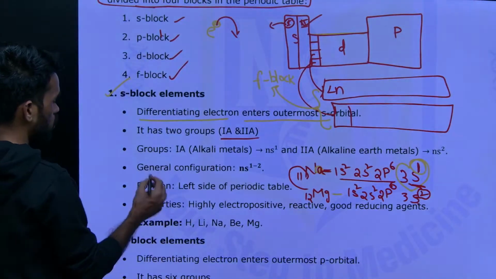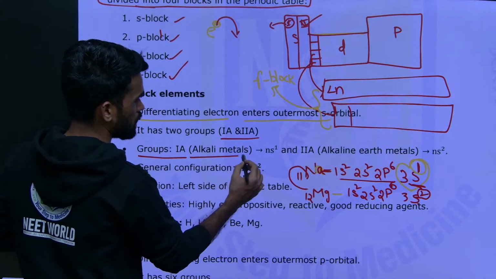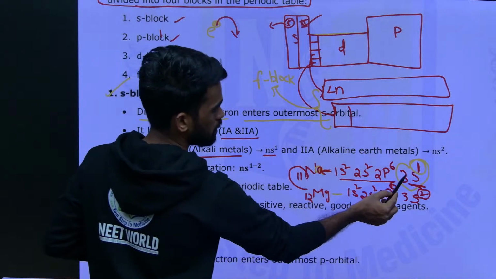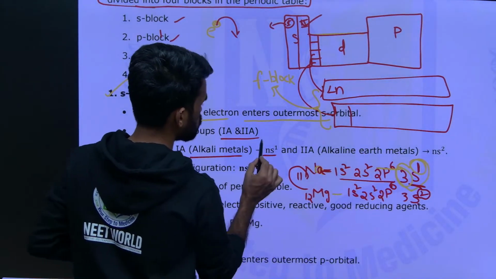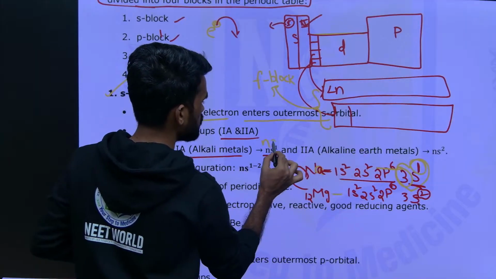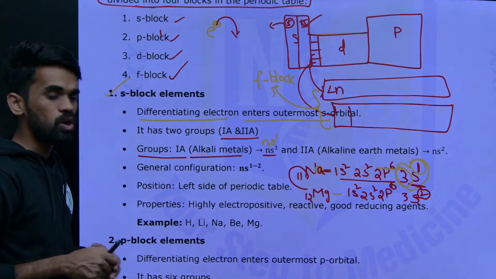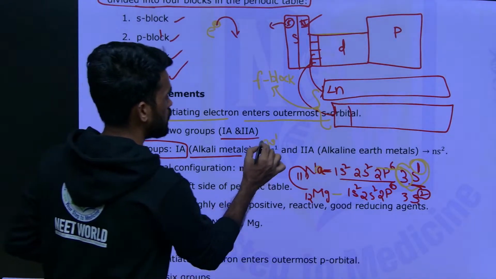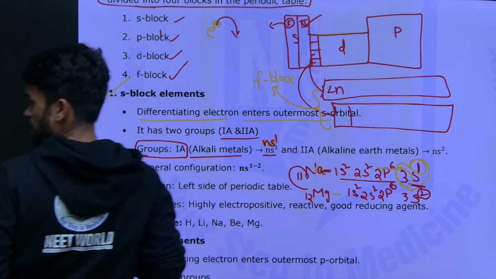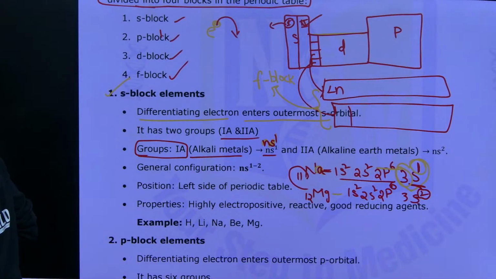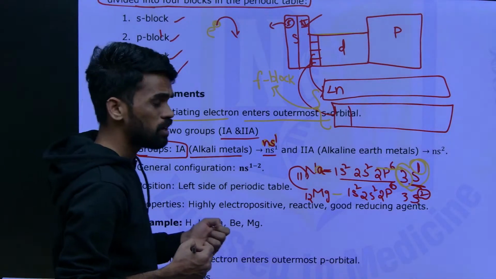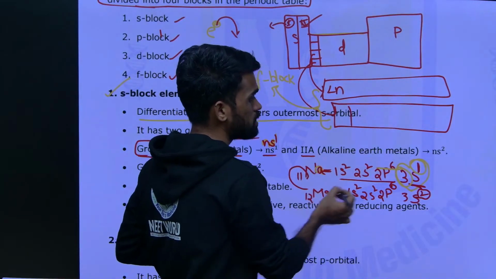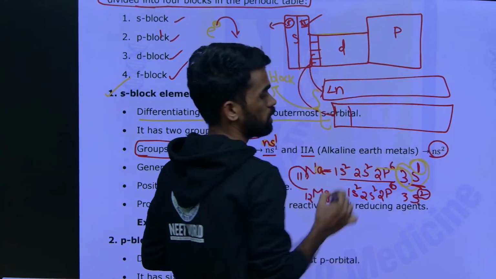Group 1A alkali metals have ns1; here the outermost shell can be considered as n. So what is the general electronic configuration of 1A group elements in the periodic table? That is ns1. Similarly, what is the general electronic configuration of 2A group elements? That is ns2.